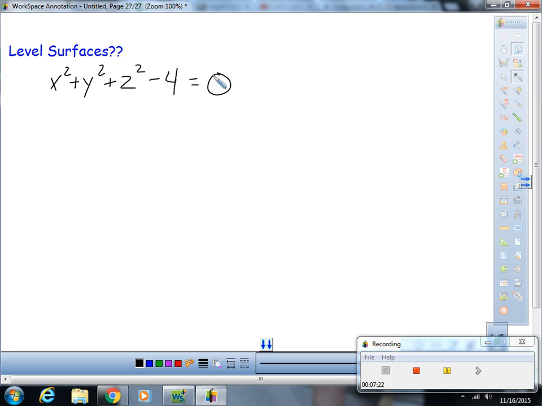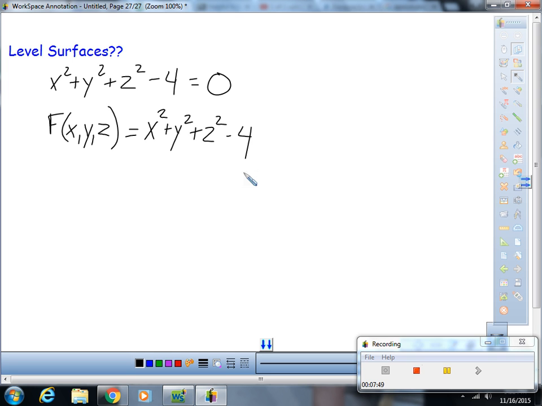This could be written as, I know it's not a function, but I'm using the same notation as the book, F of x comma y comma z is equal to x squared plus y squared plus z squared minus 4.